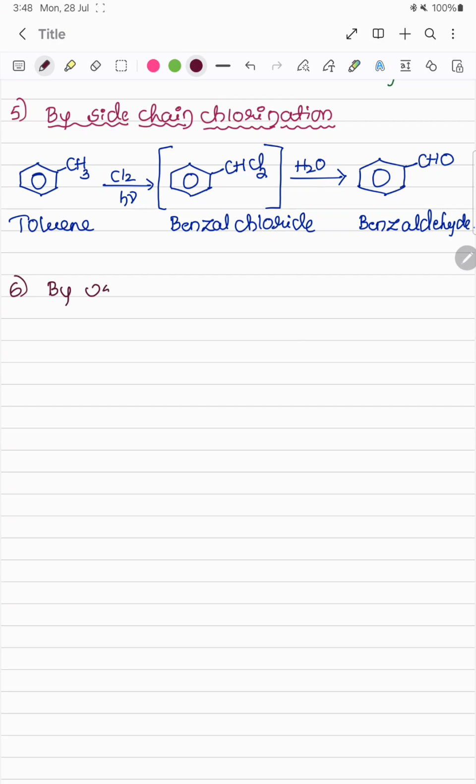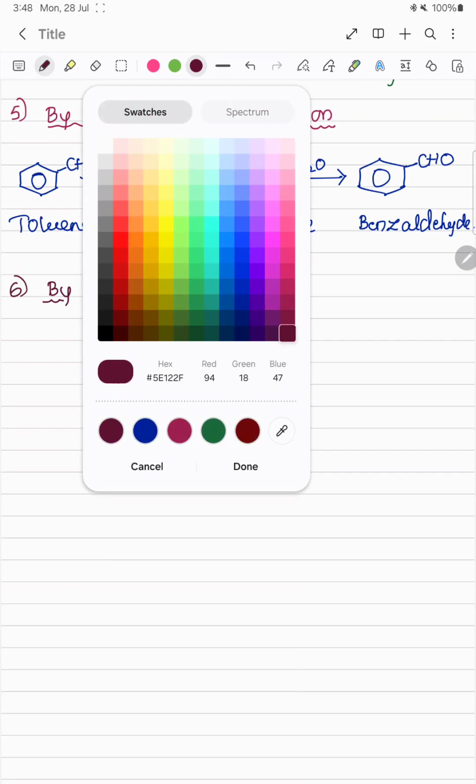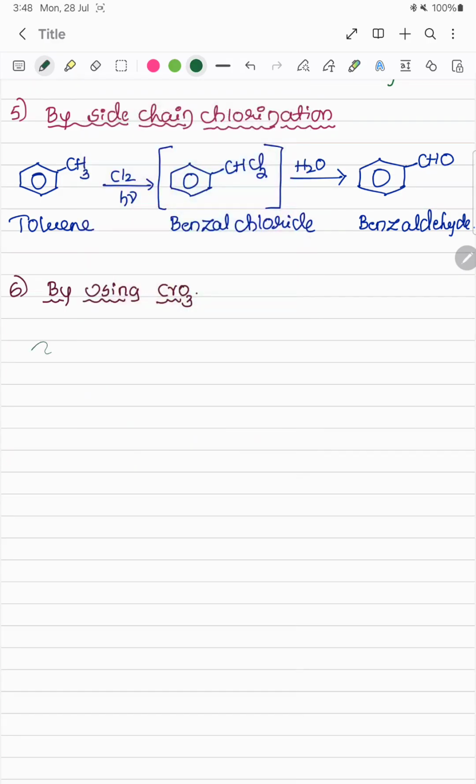By using chromic oxide, CrO3, the same toluene we are taking, using chromic oxide and acetic anhydride, that is (CH3CO)2O, somewhere around 273 to 283 Kelvin the reaction will work.